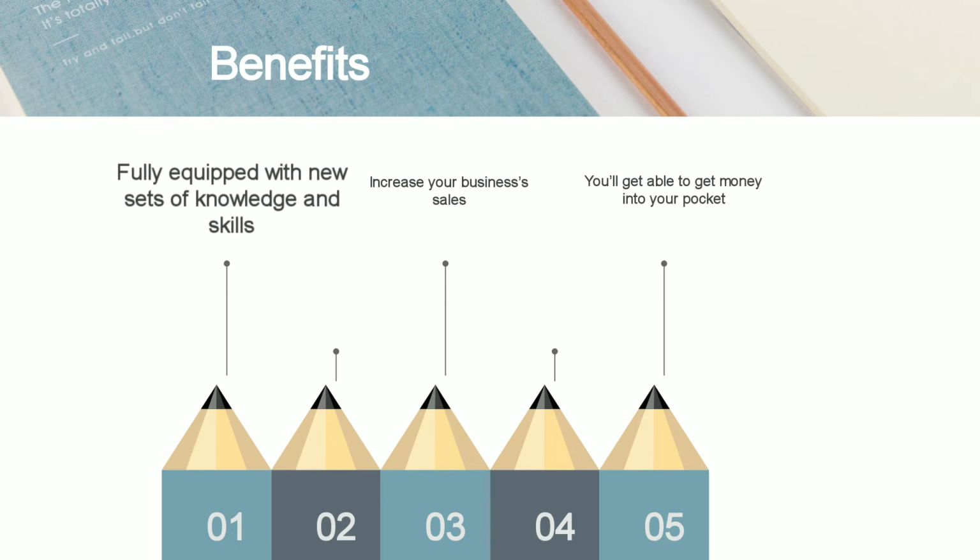And you also get to put money into your pocket. Sorry for the typo, you are going to be able to get money into your pocket. This is very important because whether you are young or old, we are going to show you how you can make money. Just from the beginning, without even depending on your parents when you go to SHS or university.